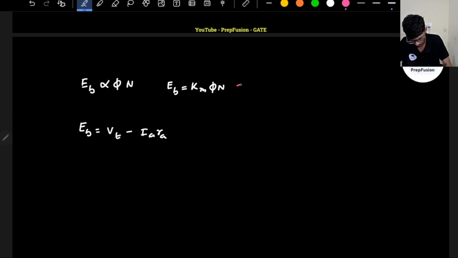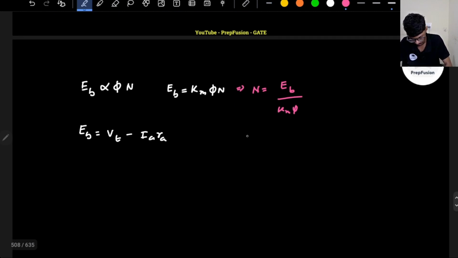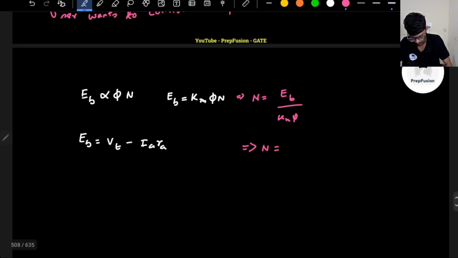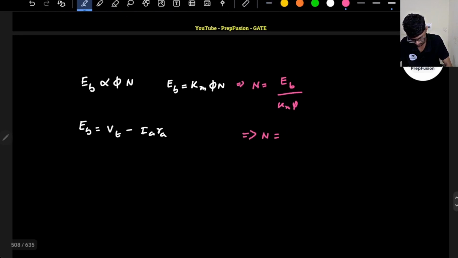Our speed is dependent on Eb upon Km into phi, or I can directly write my speed is dependent on (Vt minus Ia Ra) divided by Km phi.